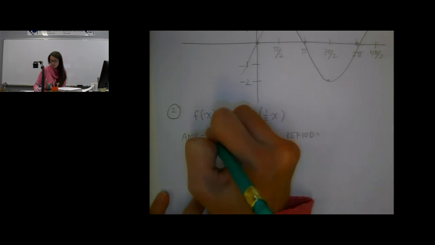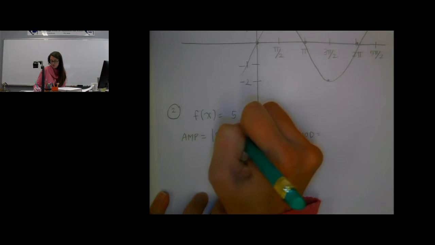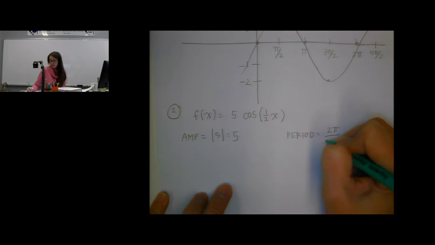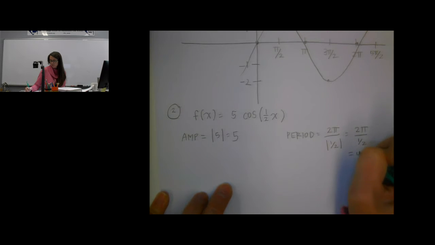Okay, amplitude, absolute value of 5, which is just going to be 5. The period is going to be 2 pi divided by the absolute value of 1/2. So that's 2 pi divided by 1/2, which is just going to be 4 pi.